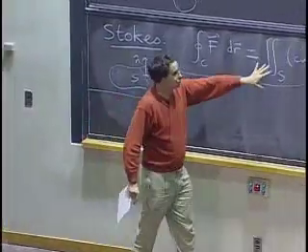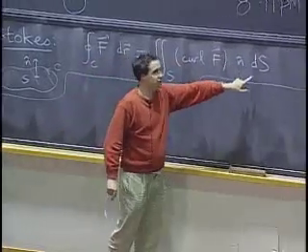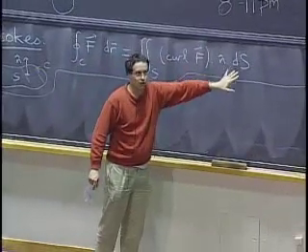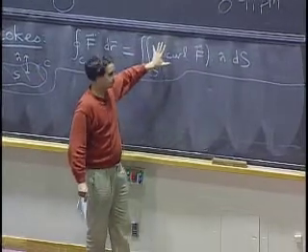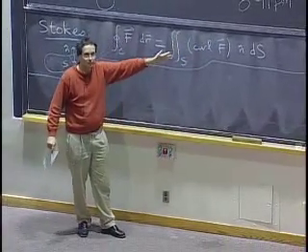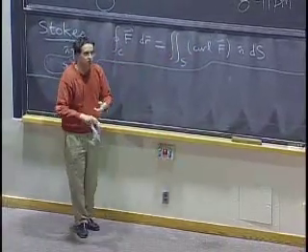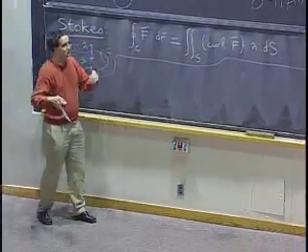And surface integrals, we know also how to evaluate. Namely, we've seen various formulas for N dS. Once you have such a formula, you do the dot product with this vector field, which is not the same as that one, but it's a new vector field that you can build out of F. You do the dot product, you express everything in terms of your two integration variables, and then you evaluate.